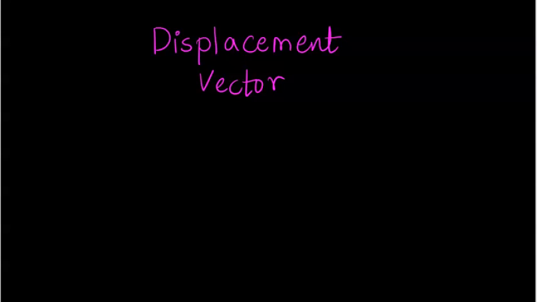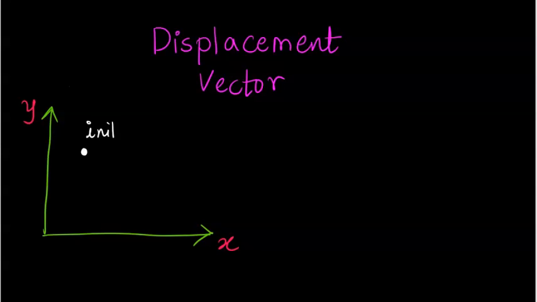vector video. So displacement vector is given as, suppose I have a coordinate system like this. This is a coordinate system, and we have two axes, x-axis and y-axis. Now what does the displacement vector say? Suppose I have the initial position, let's say this is the initial position, and this is the final position.